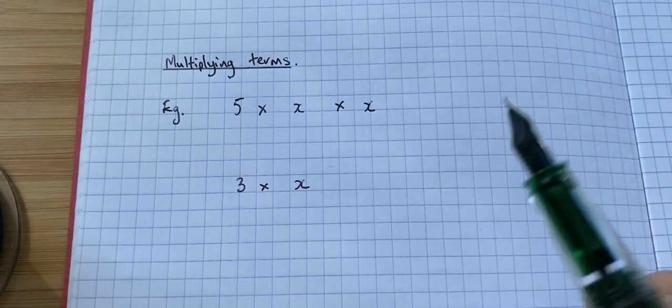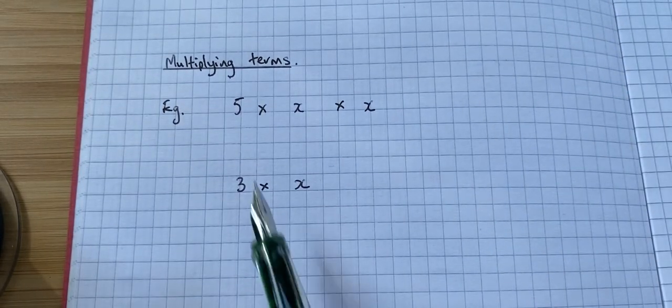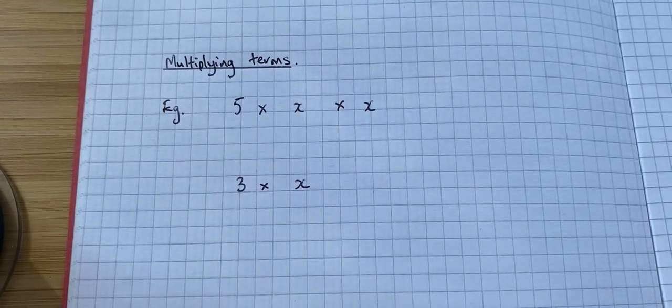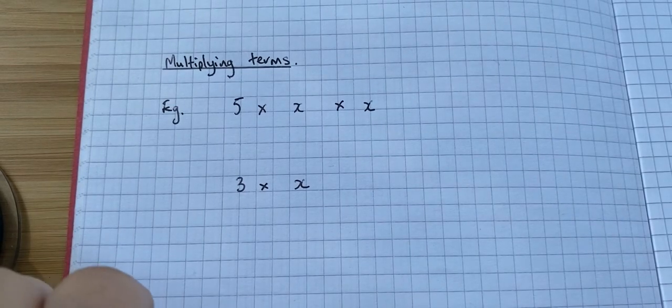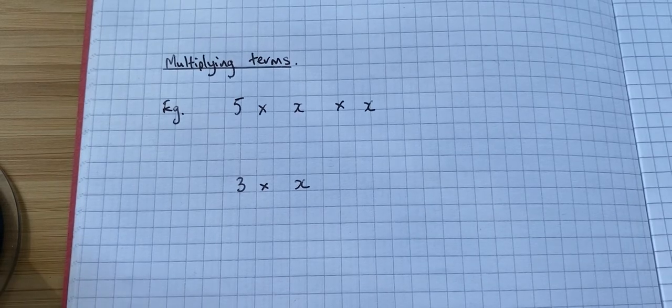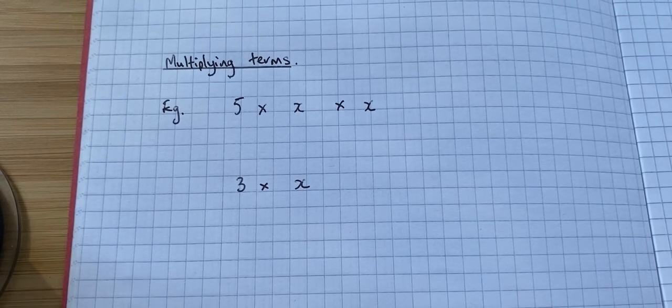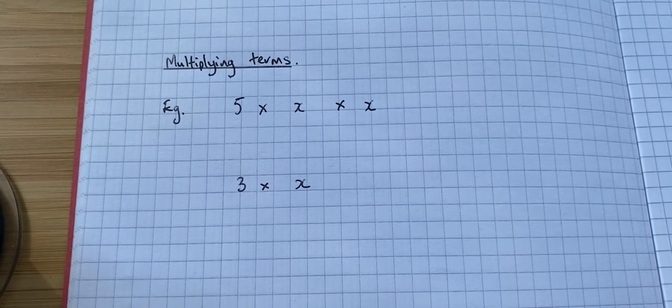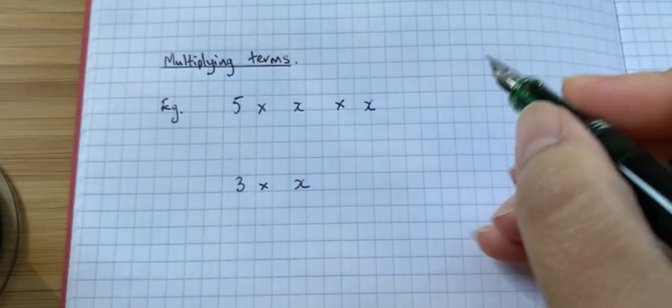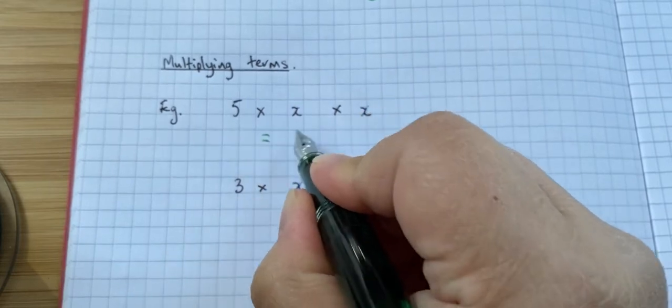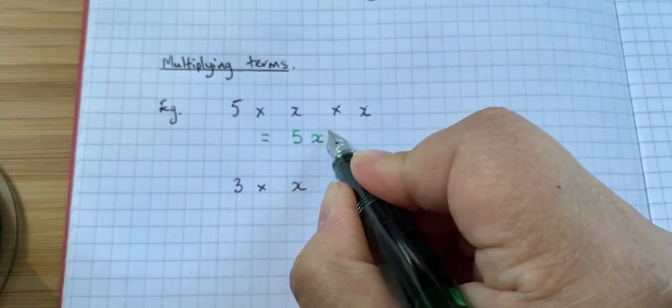Now, moving on with x squared, for example, here are some more terms, but this time I'm not adding them, I am multiplying them. We've done this before when we did the algebra unit in module 1 and showed you how to understand algebra expressions. So 5 times x is the same as 5x.